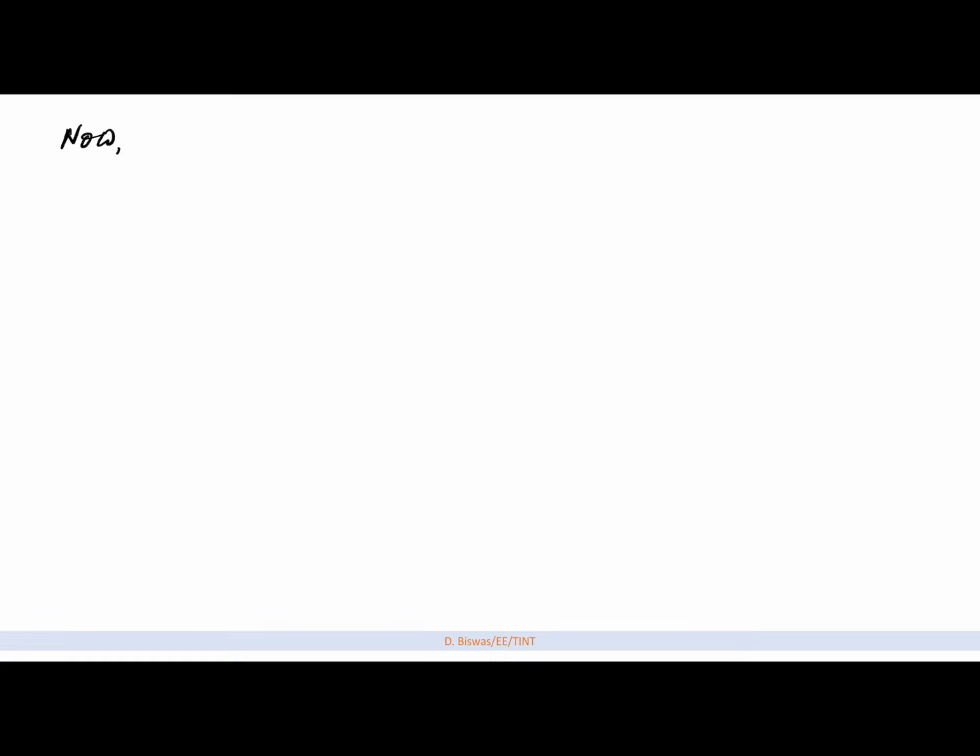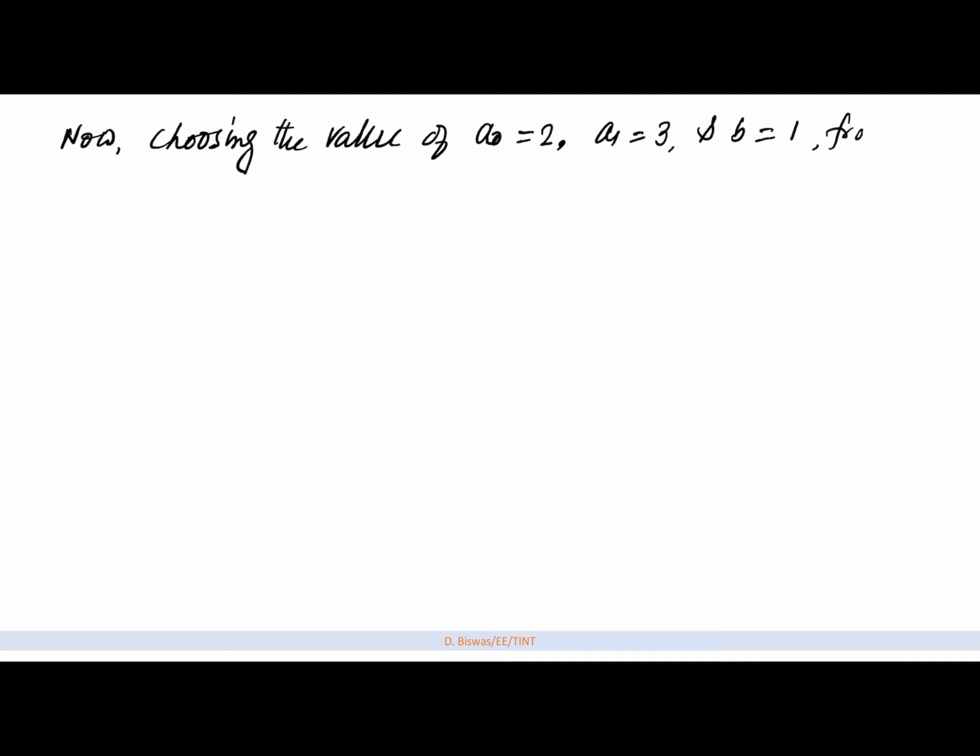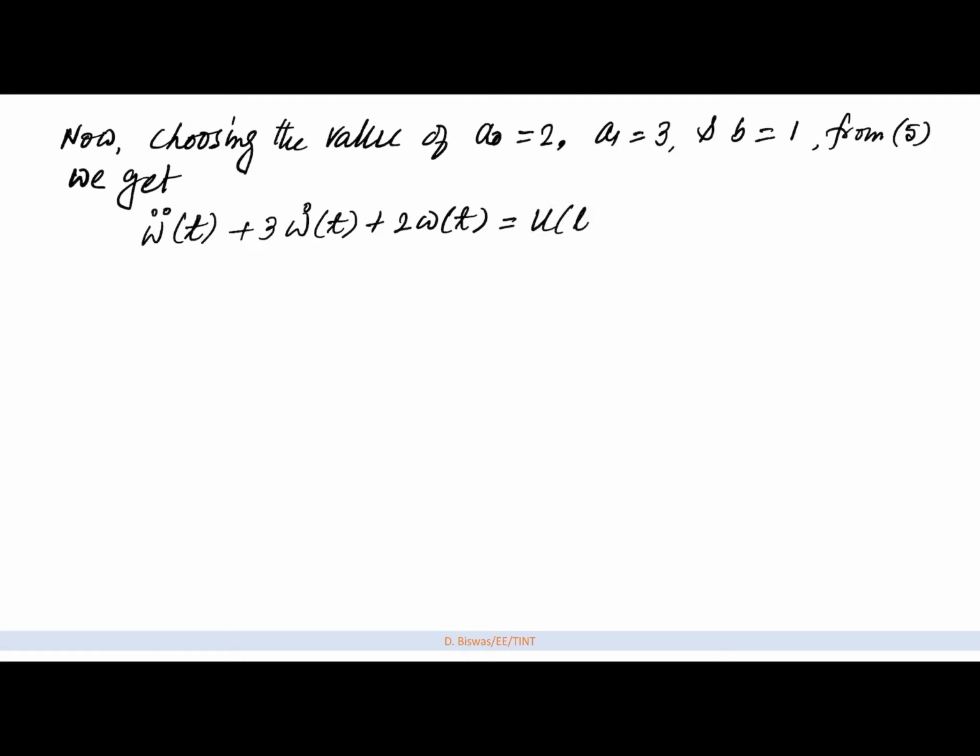Now choosing the value of A0 is equal to 2, A1 equal to 3 and b equal to 1, from 5 we get omega double dot plus 3 omega dot t plus 2 omega t is equal to ut.